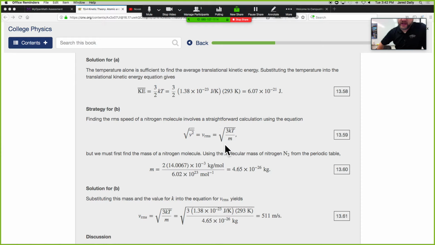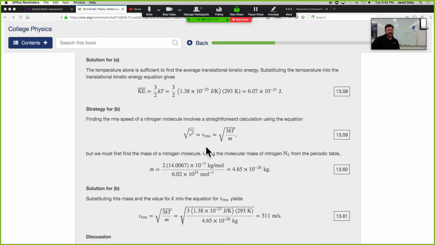So if you want to know the mass of one individual atom of nitrogen, then you have to take that 14 grams, convert it into kilograms, and divide it by the number of particles in a mole, 6.0 times 10 to the 23rd, which is what they did right here. 14 times 10 to the minus 3, there's your conversion to kilograms. And then here's dividing by the number of particles in a mole.